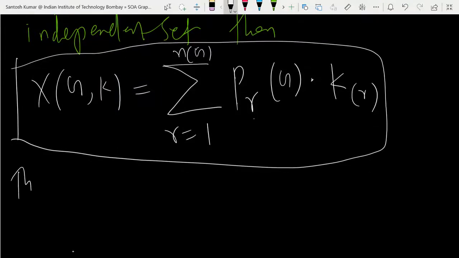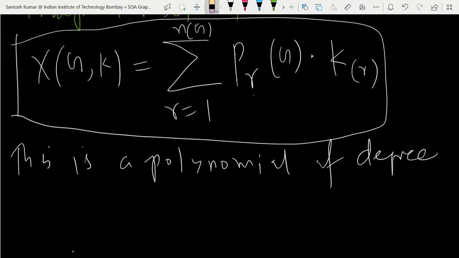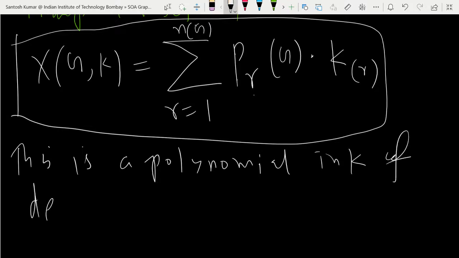And this is a polynomial in which variable? The variable here is k. A polynomial in k of degree n.